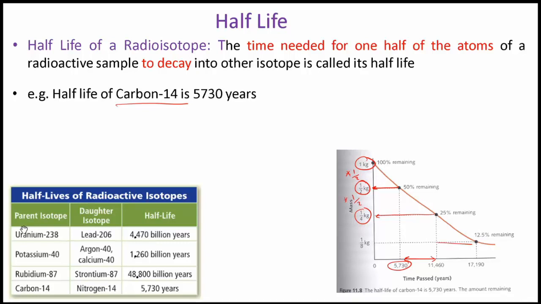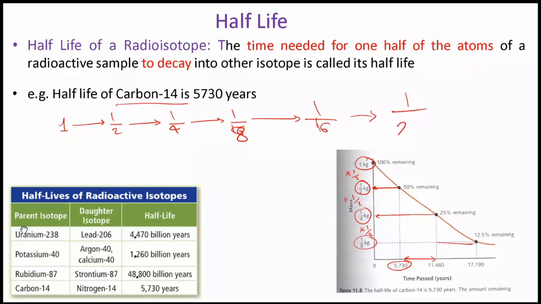Then after another 5,730 years, it loses its half again. So half of the quarter is 1/8. So the 1 kilogram becomes 1/2, then 1/4, then 1/8, then 1/16, and so on. So we can consider it as 1/2 to the power of n. Okay? So this is the decay of the parent.